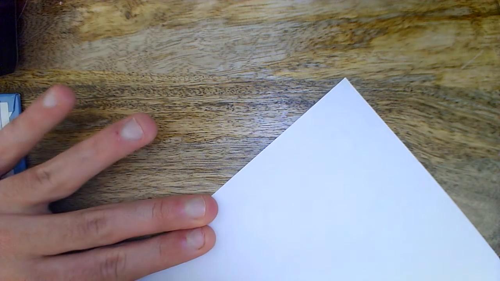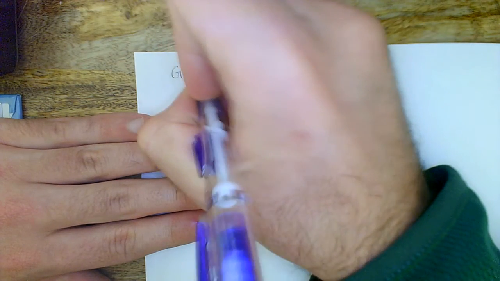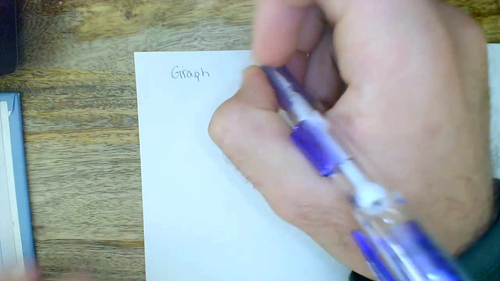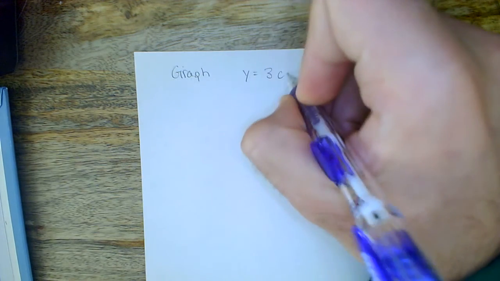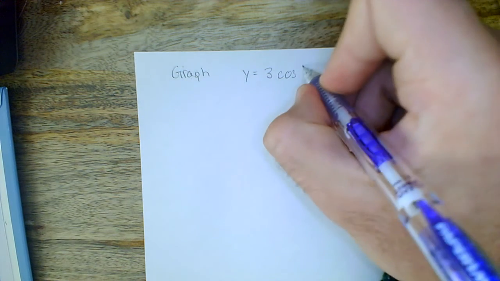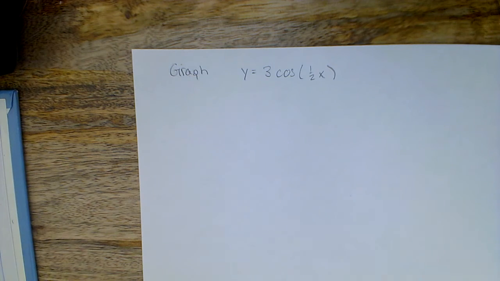Okay, so let's do another example using this table. We want to graph y equals 3 times the cosine of 1/2 x.